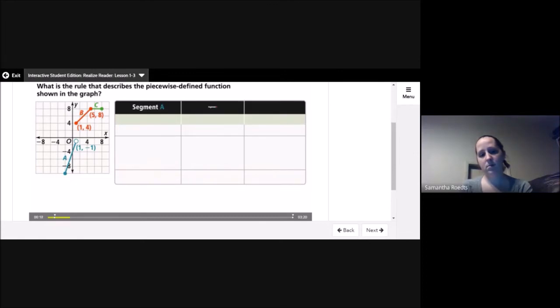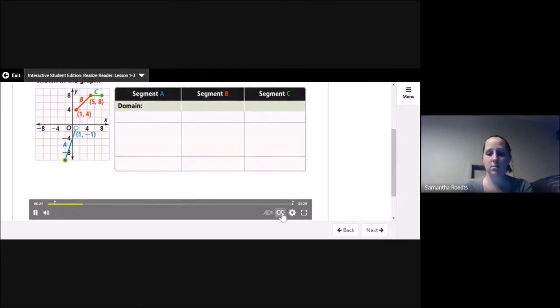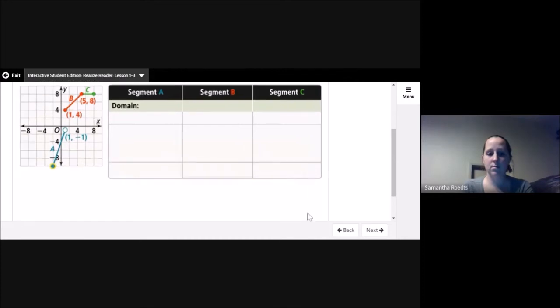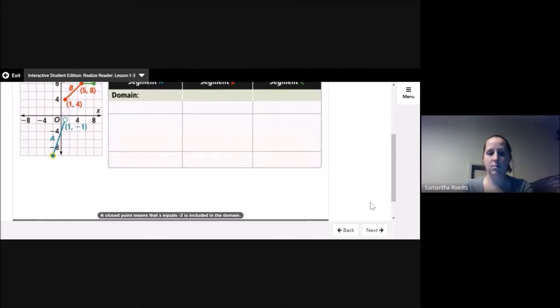Start by finding the domain for each segment. Segment A begins with a closed point at x equals negative 2. A closed point means that x equals negative 2 is included in the domain.